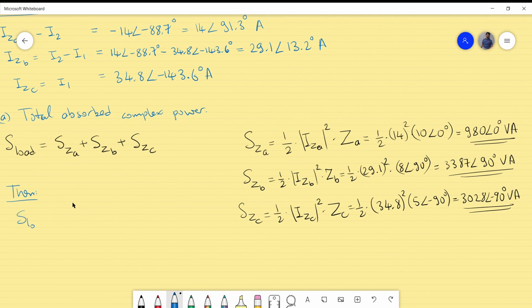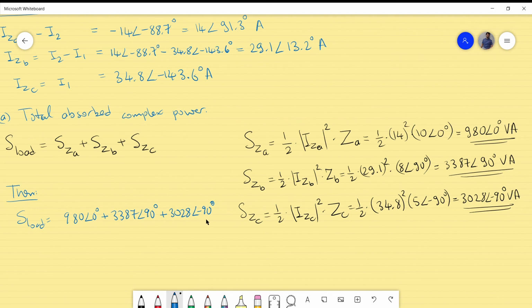So S load will be 980 phase 0 degrees plus 3,387 phase 90 degrees, pure inductive, and then plus 3,028 phase minus 90 degrees. Again, you convert this form into the rectangular expression, add the real and the imaginary part. This time it is very easy because this is a pure real part, this is a pure imaginary part in the positive direction, and this is a pure imaginary part in the negative y direction.